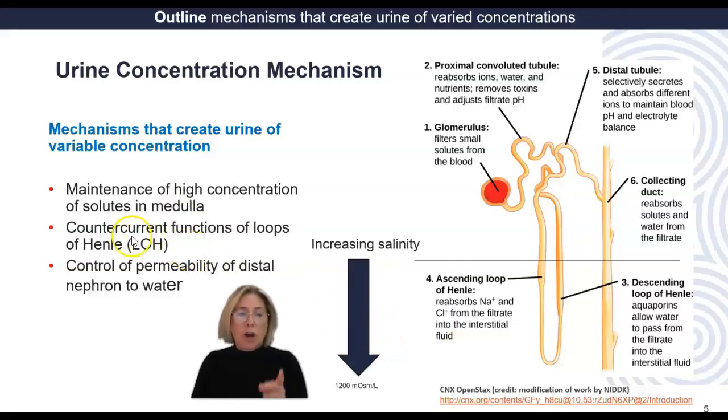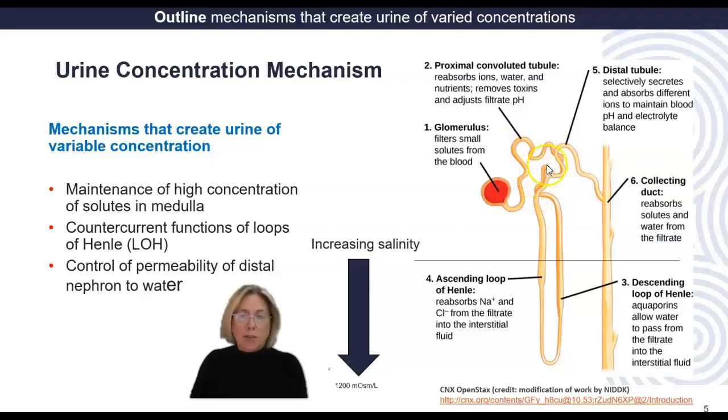Countercurrent functions of the loops of Henle. Now, what does that mean? Well, a countercurrent function means you've got two sets of parallel pipes. So you can think of the descending loop of Henle and the ascending loop of Henle as countercurrent loops, right? So you've got fluid flowing in opposite directions through those two different tubes.